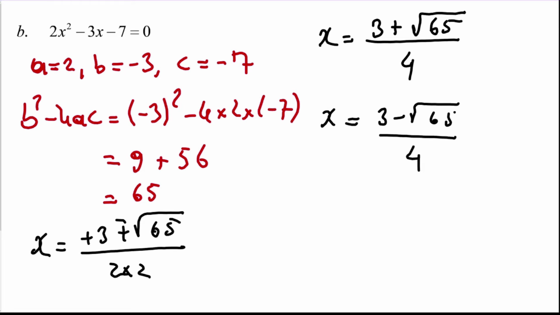If you use the calculator, you need to find the first one is 2.77, if you round to two decimal places. The second one is negative 1.27. Got it? Alright?